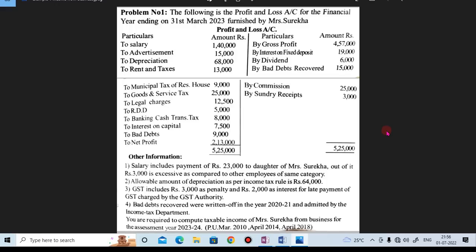If receipts and payment account is given in the question, then you have to compute the income from profession. So this is the example of profit and loss account. That means you have to compute the income from business.